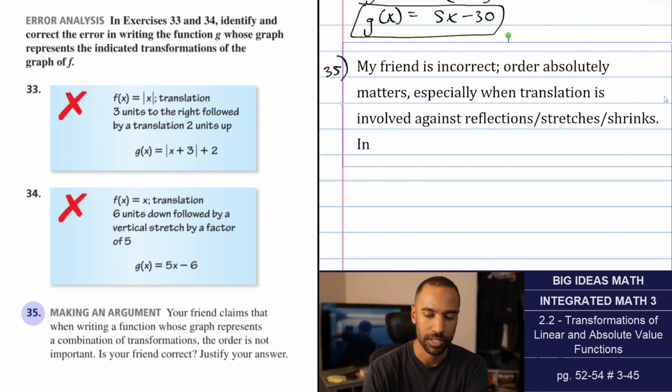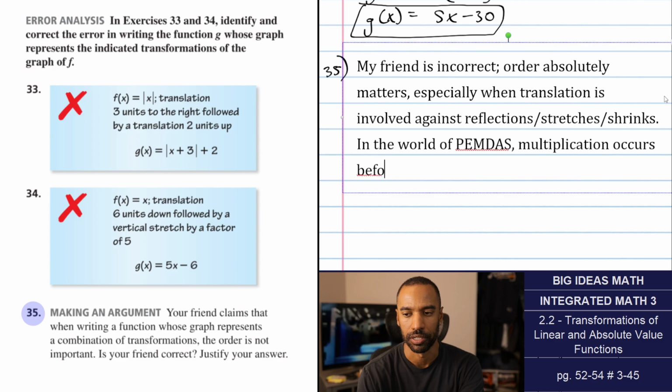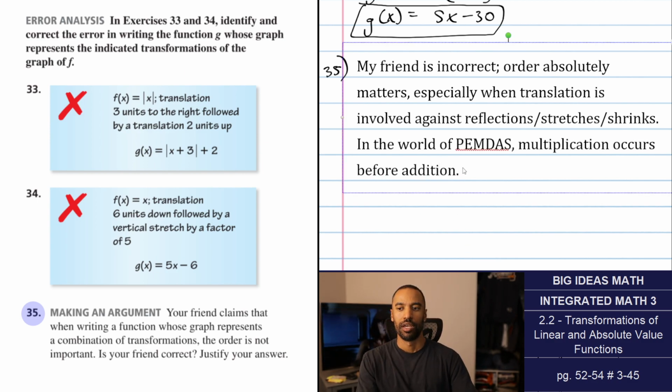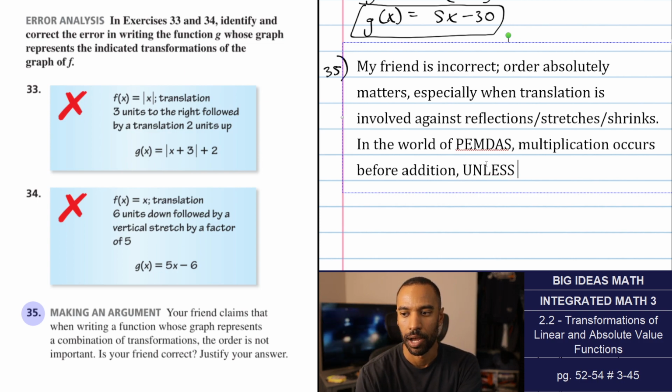This is a PEMDAS thing, right? In the world of PEMDAS, multiplication occurs before addition. And remember, addition also means subtraction because it means addition of a negative. Unless prioritized by parentheses.